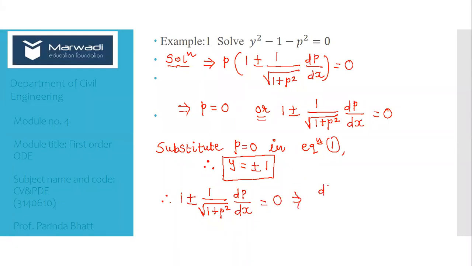Therefore, the value of the dp by dx is equal to plus or minus root 1 plus p square.